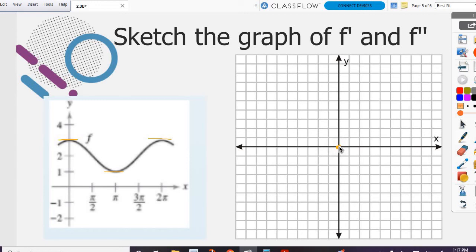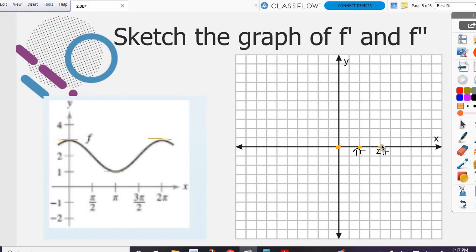At pi, so let's use the same labels for consistency's sake, this is pi, this is 2 pi. It would also be 0 here, and we're also 0 here. Agreed?